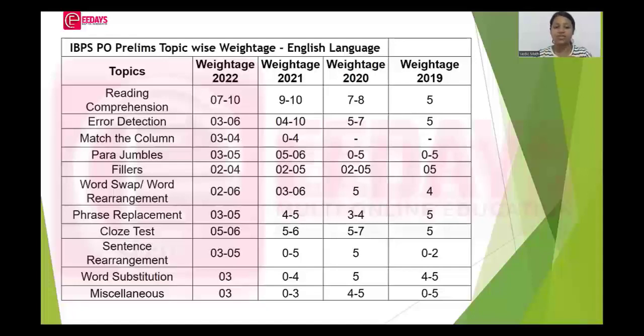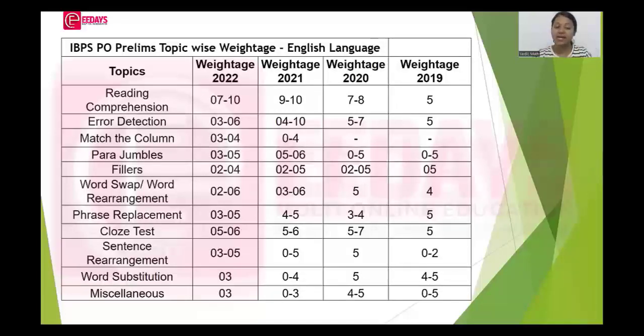Again, it's important. And para jumbles, an average of 5 to 6. And coming to fillers, in sense, the basic blanks you'll be filling with certain kinds of fillers. Let's dive into the topic in the upcoming classes, and that is going to secure an average of 4 to 5.